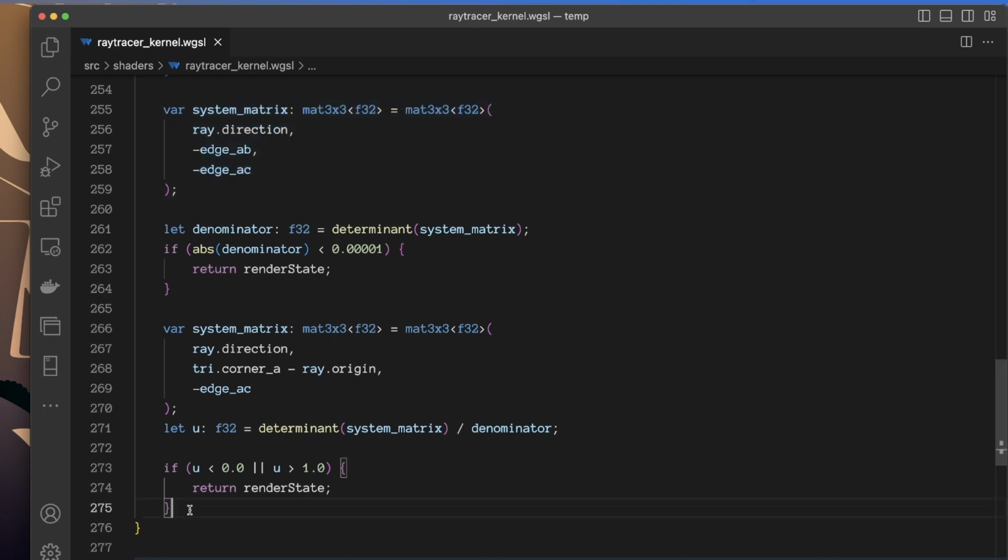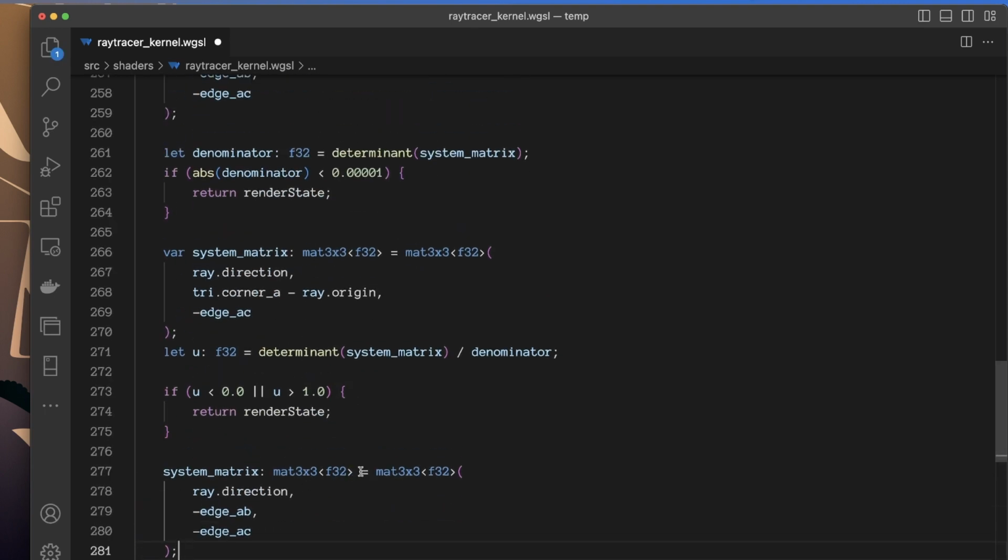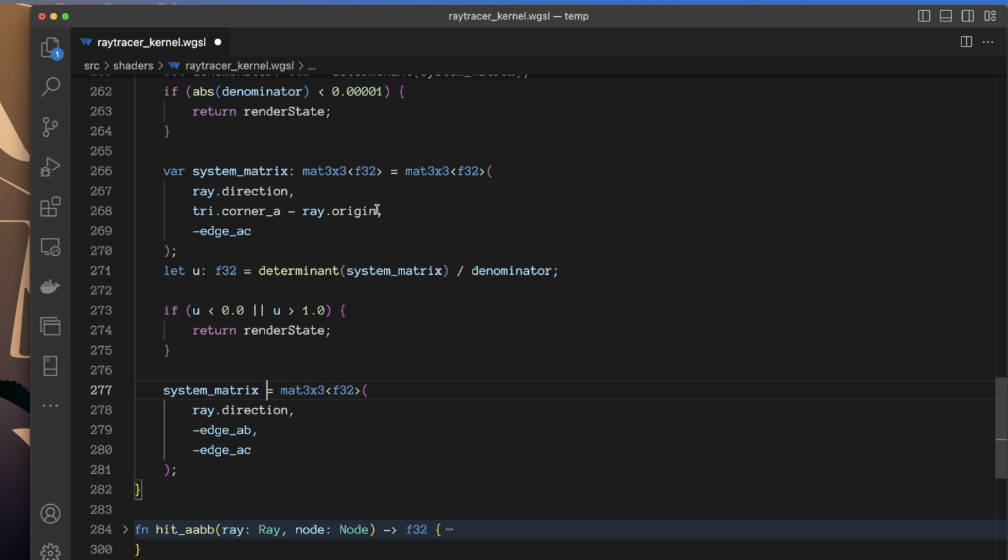What I'll do is just the same as before. I'll build the Cramer's rule matrix, and V is the third component, so I'll take that right-hand side expression and put it in here for the third component, and then I can calculate V.